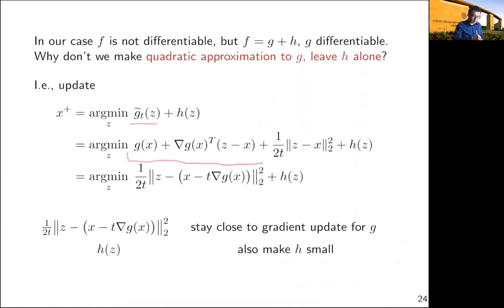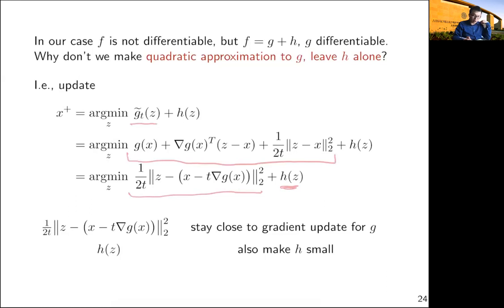Using the same way of completing the square, we can write the argmin as solving a quadratic optimization plus an additional h of z.